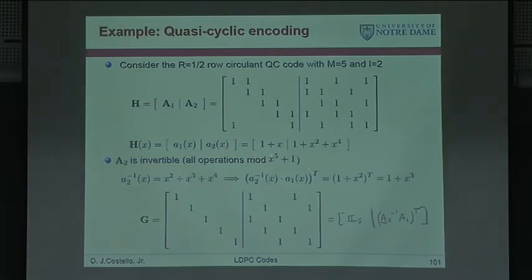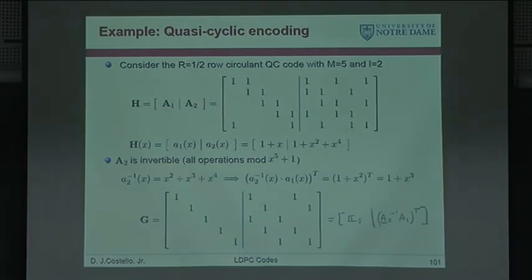So we wind up with this being 1 plus x squared, which means it would be 1, 0, 1, 0, 0 in the first row, but the transpose of that is 1 plus x cubed. So we'd get 1, 0, 0, 1, 0 in the first row. And then everything else is just the shift of that.